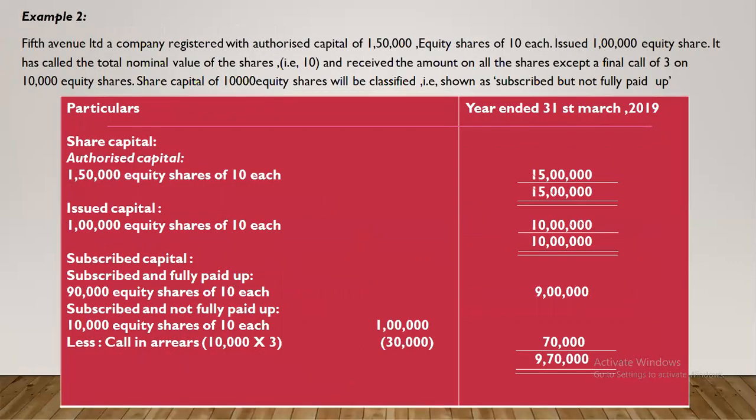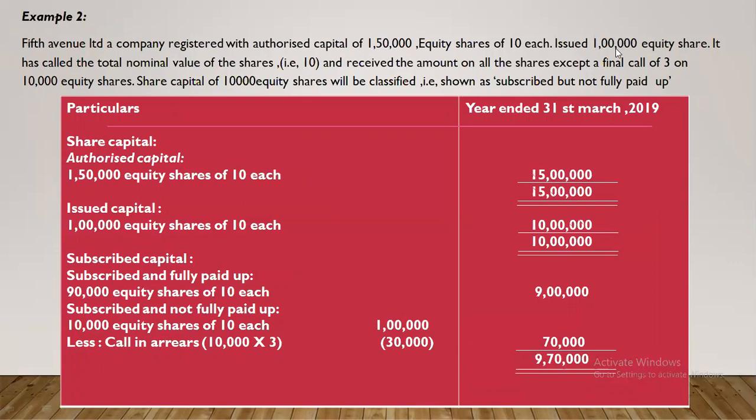Now in the second example, we'll see a company is registered with 1,50,000 equity shares of 10 each. That means authorized shares are 1,50,000 and the authorized capital will become 15 lakh, 1,50,000 into 10.